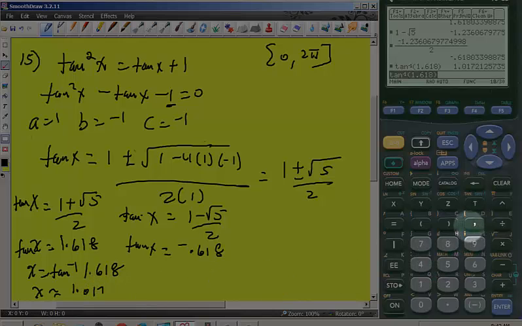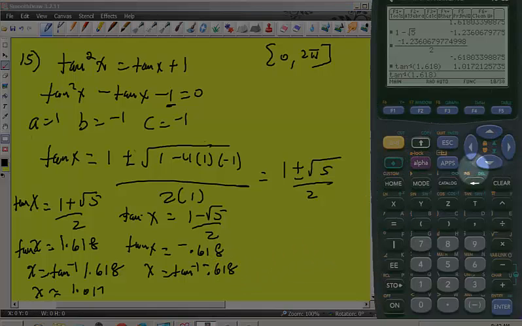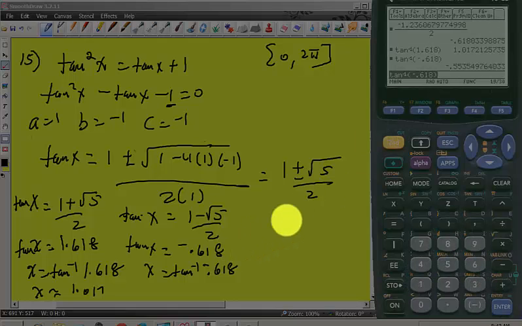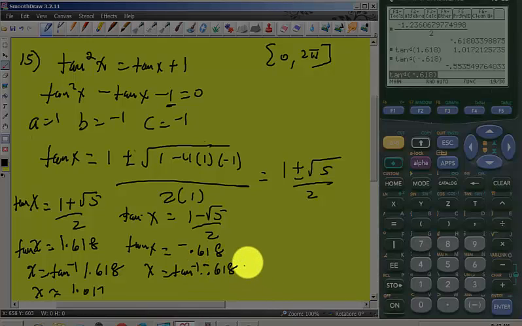And I'm also going to do the tan inverse. This is going to be x is equal to tan inverse of negative 0.618, close my parentheses. Okay, and this turns out to be approximately negative 0.554.